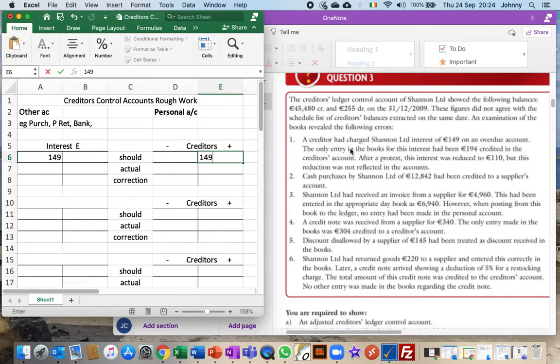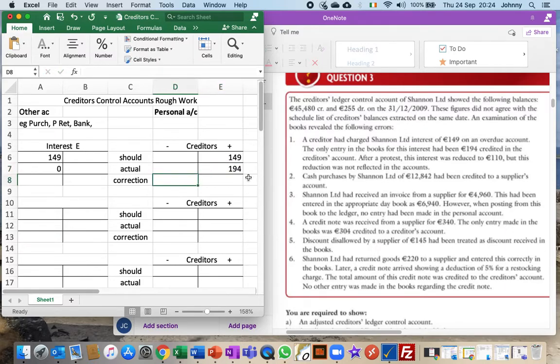The only entry made, so that means only one of these two things was done. One of them was not done in the actual. So let's have a read. The only entry made was 194 credit to the creditor's account. So I did something in the creditors and I did nothing in the interest account. What did I put in the creditor's account? 194 on the credit side.